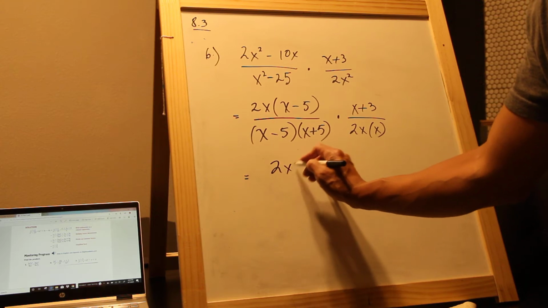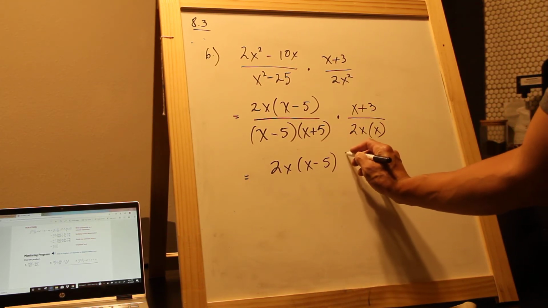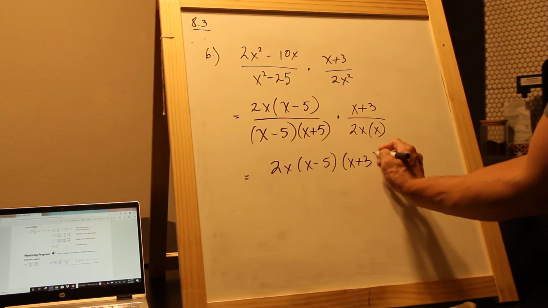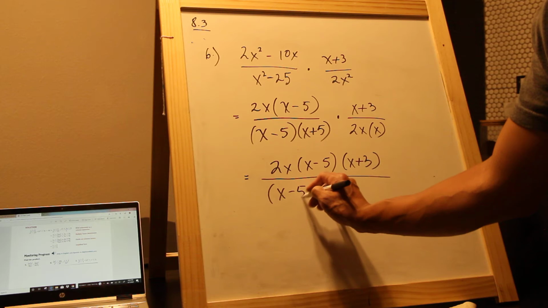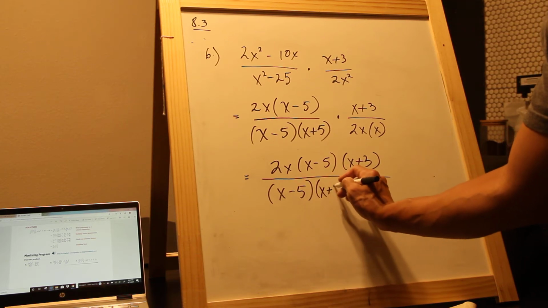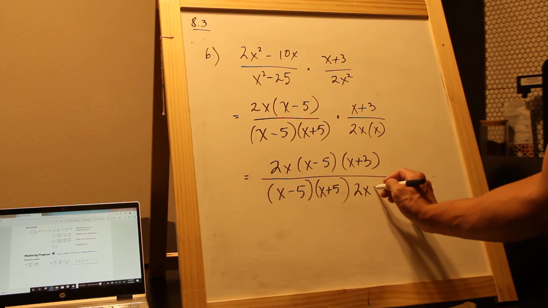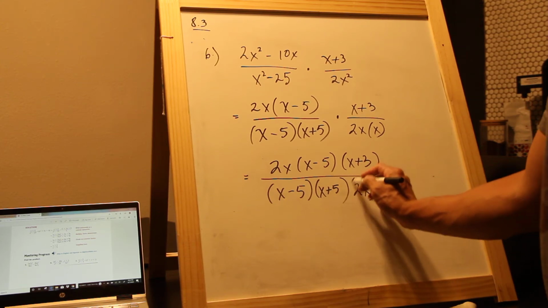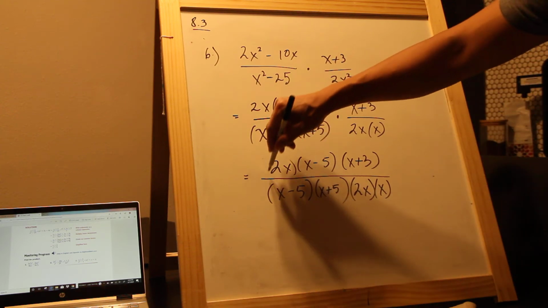So 2x times x minus 5 times x plus 3, the whole thing over x minus 5 times x plus 5 times 2x times x. Okay? Now, everything is being multiplied.